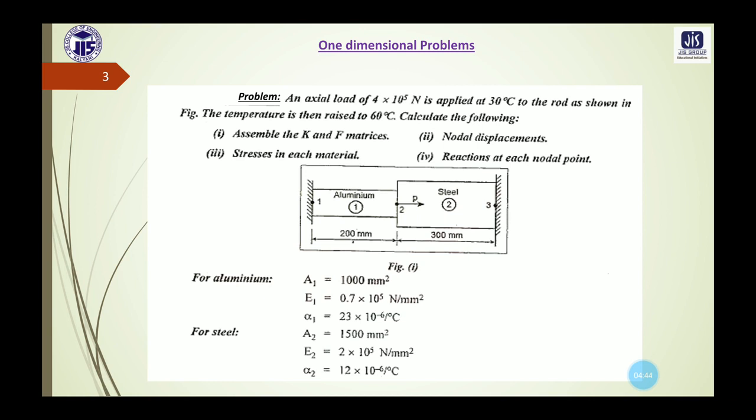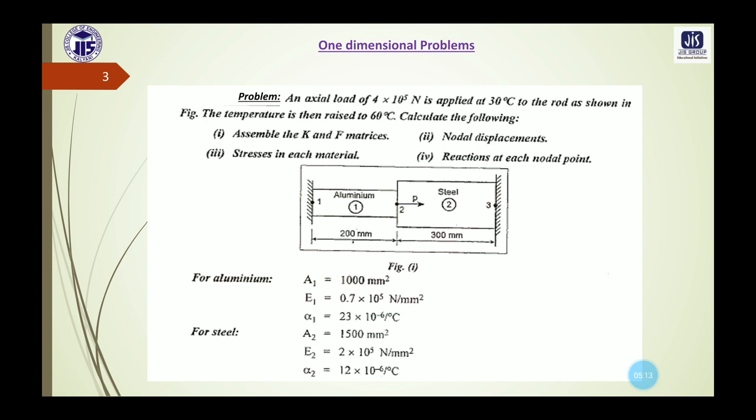Then number 2, nodal displacements. Number 3, stresses in each material. Number 4, reactions at each nodal point. So these are the four different things that we need to calculate in this numerical.